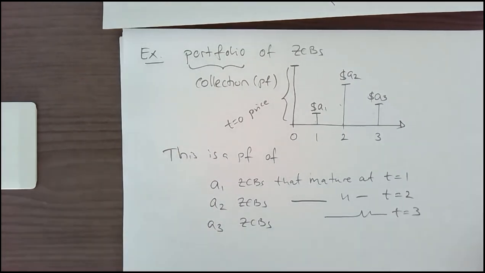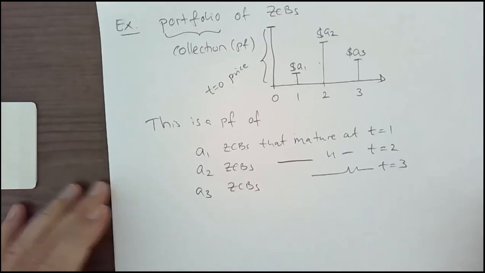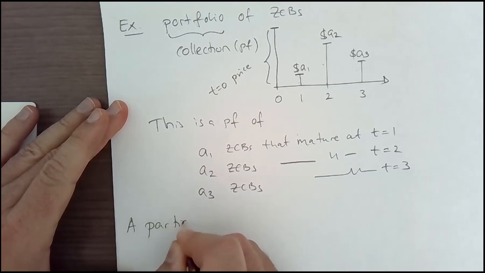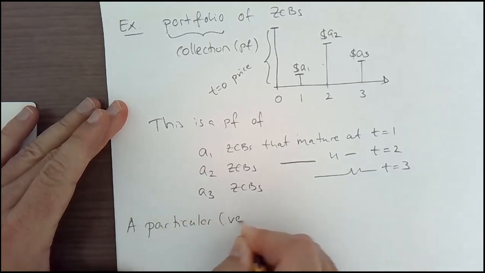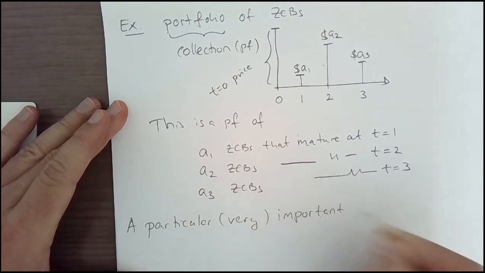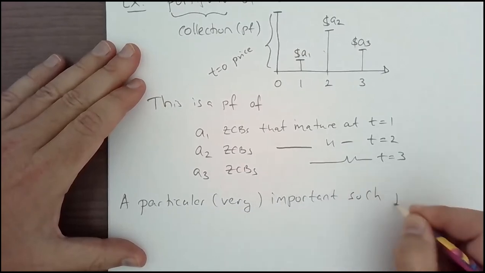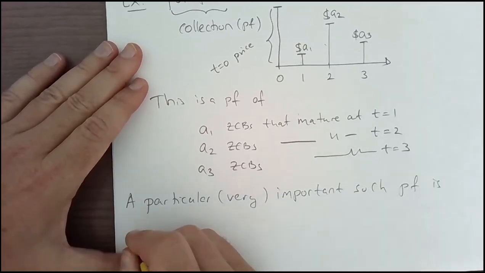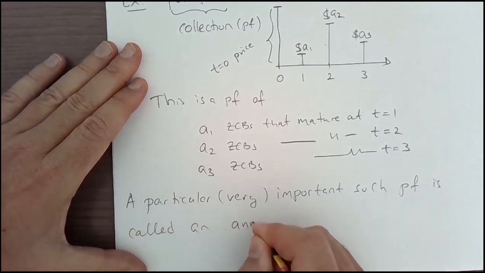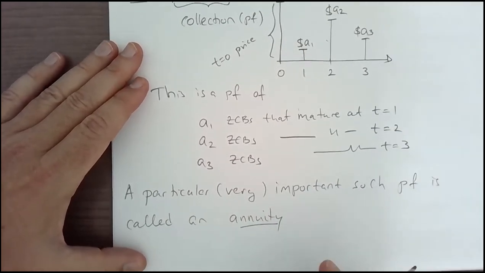And there's one particular example that is very important, at least here in the US. And I should say, this is really very important. Such a portfolio is called an annuity. An annuity, so that's the key word, annuity.